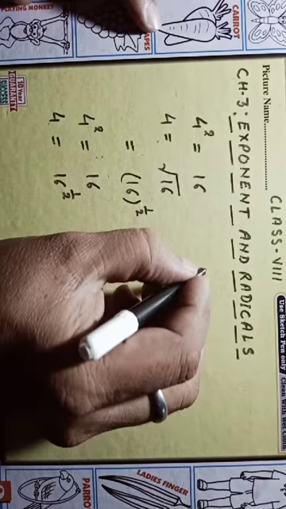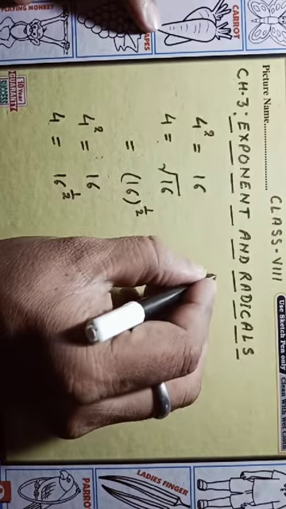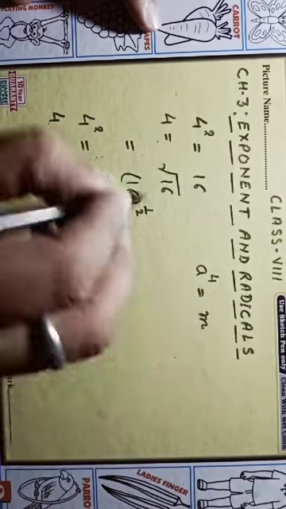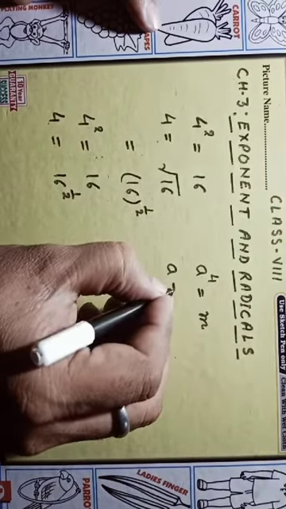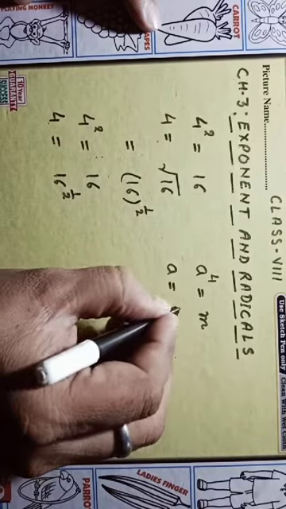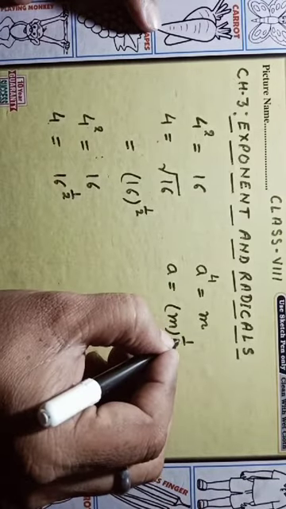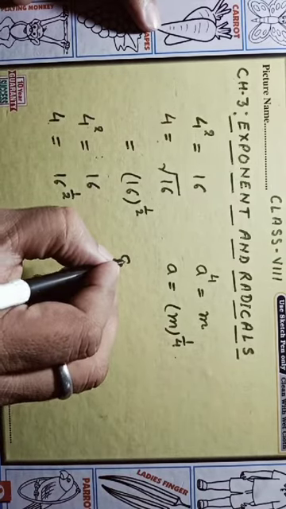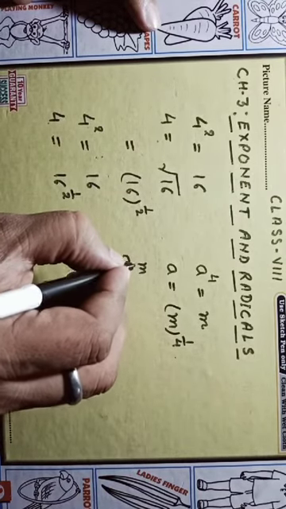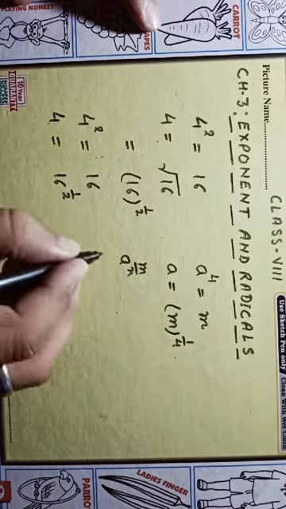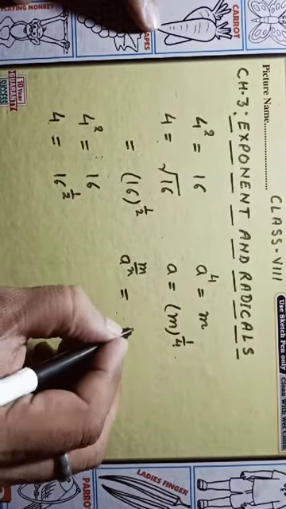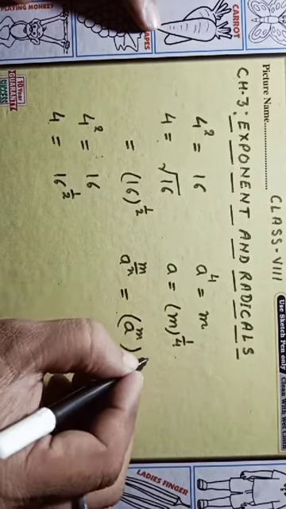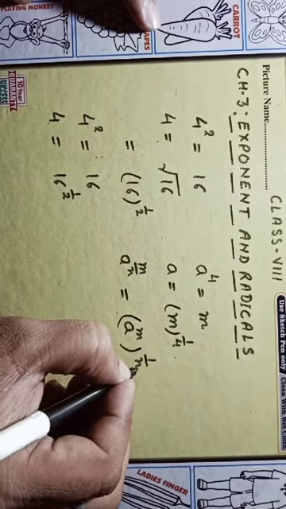Just the same, suppose that a to the power 4 is equal to m, then a is equal to m to the power 1 by 4. Now suppose a to the power m by n, this is written as a to the power m, to the power 1 by n.